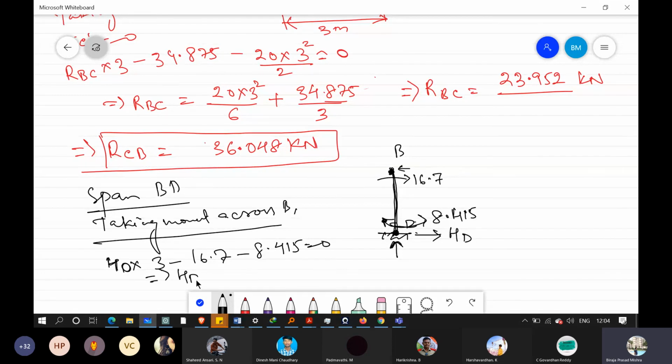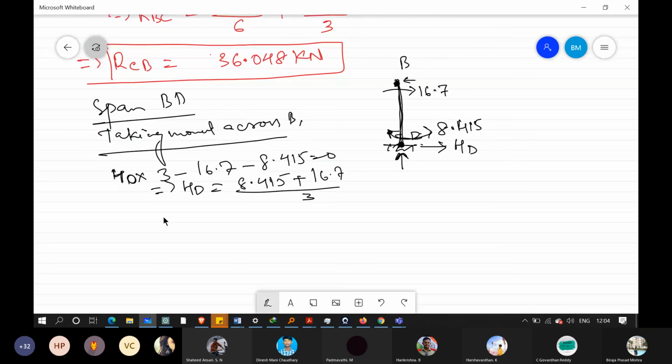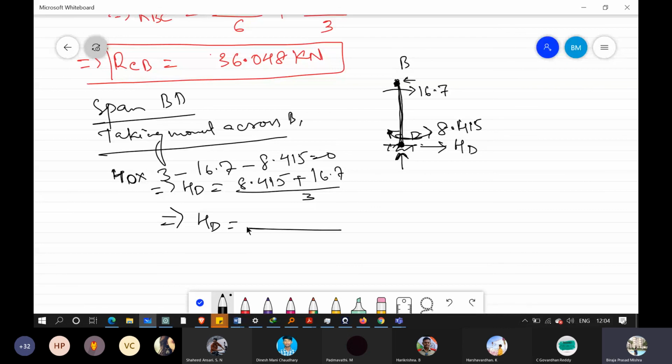This implies HD equals to 8.415 plus 16.7 divided by 3. So how much will be HD?